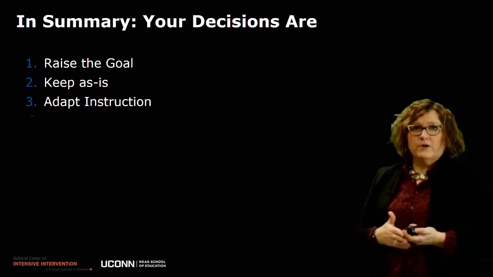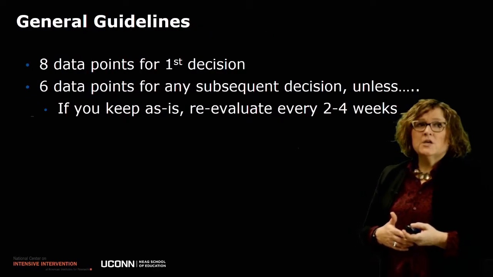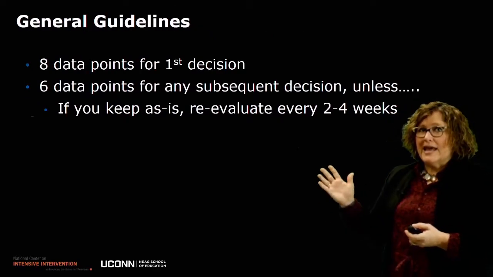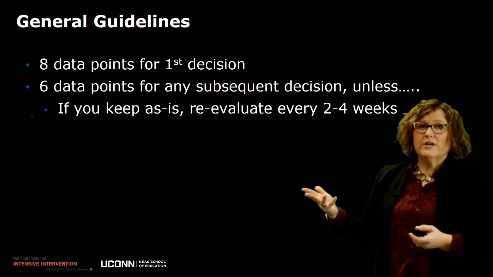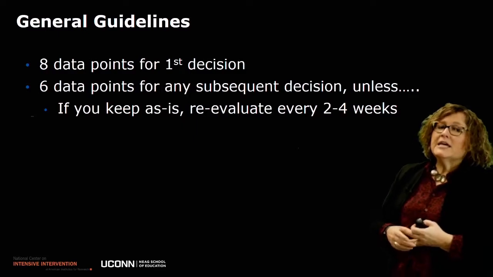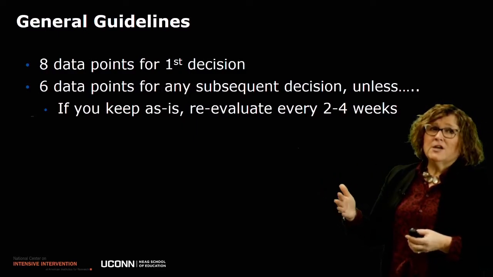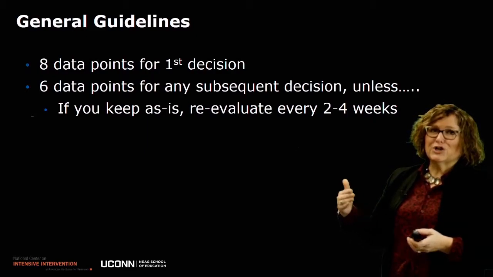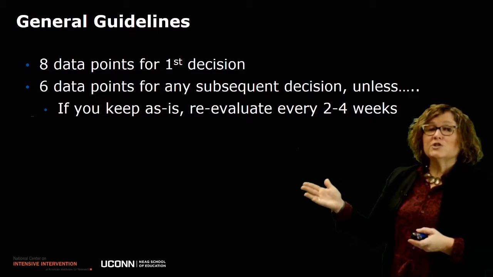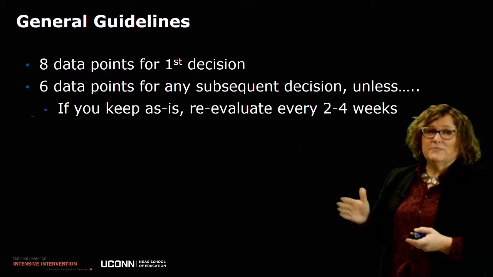Level, trend, variability. General guidelines, again: 8 data points for that first decision, and then 6 data points for any subsequent decision. If you do decide to keep as is, you might reevaluate every 2 to 4 weeks. You might even reevaluate every week just to make sure that the data continues to show you that you should keep that instruction as is.